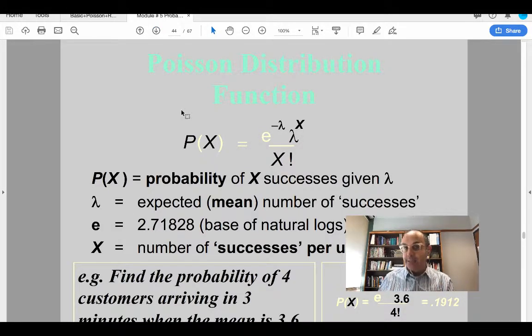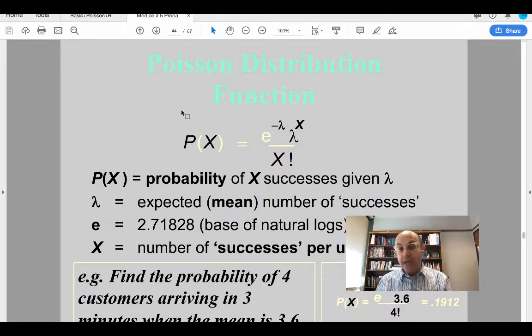So the formula for the Poisson distribution function is as follows. We have the mean, the expected number of successes, e is the base of natural logs, and X is the number of successes per unit. One of the classical questions in this type of distribution is to find the probability of 4 customers arriving in 3 minutes when the mean is 3.6.